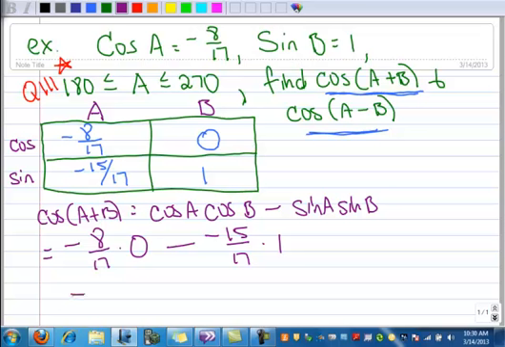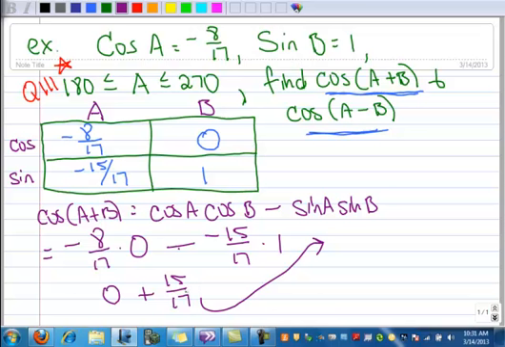So this turns out to be negative 8 17ths, minus a minus is a plus 15 17ths, and I'm running out of room, so I'll just move that over here. Oh wait, this is times 0. Oh, I was thinking that was times 1. Okay, that makes life a little easier. All right, so that's a 0.